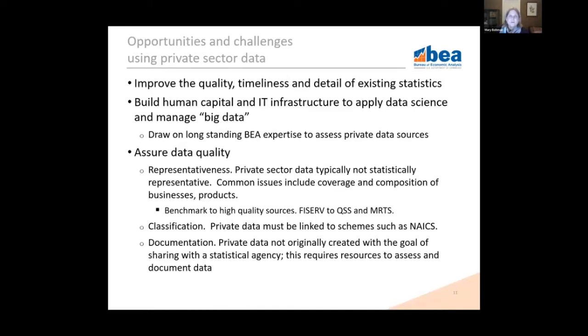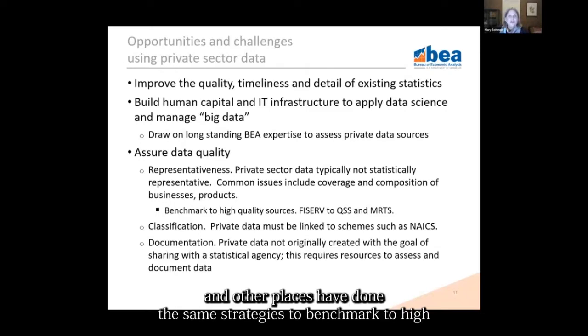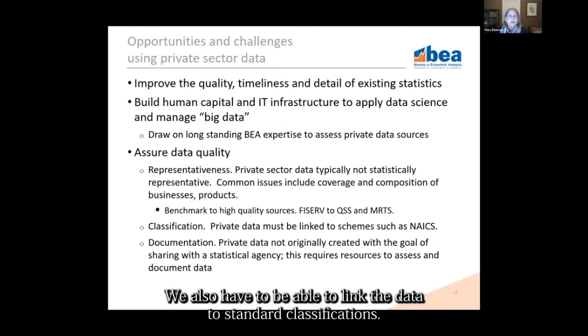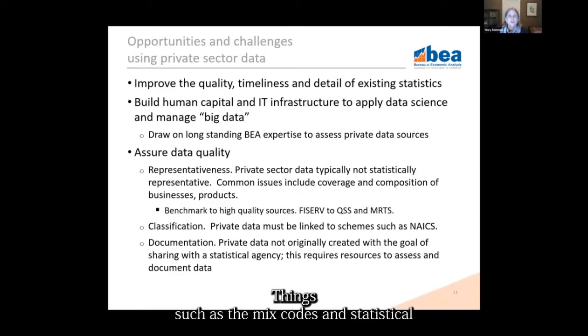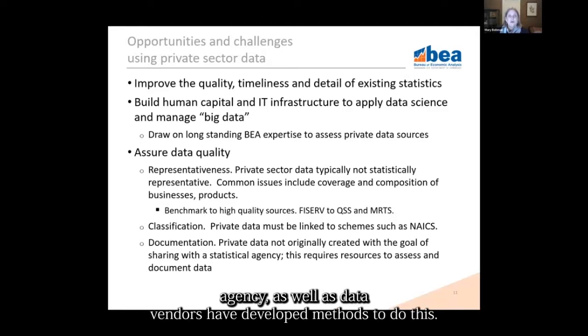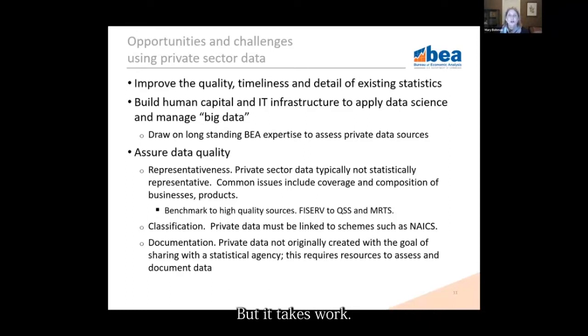And we've developed, at BEA, and other places have done the same, strategies to benchmark to high quality representative sources, often data from Census or BLS. We also have to be able to link the data to standard classification schemes, such as the NAICS codes. And statistical agencies, as well as data vendors, have developed methods to do this. But it takes work, it takes time and money to do this.